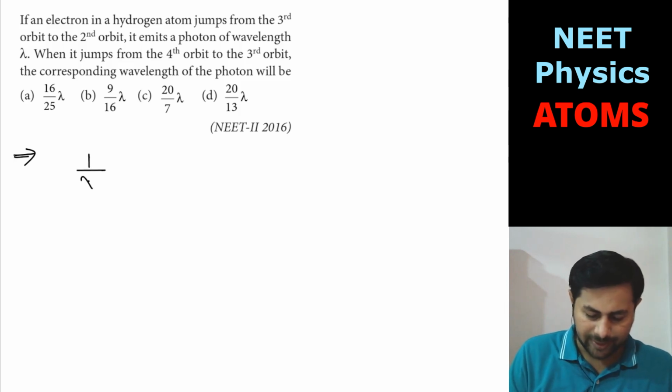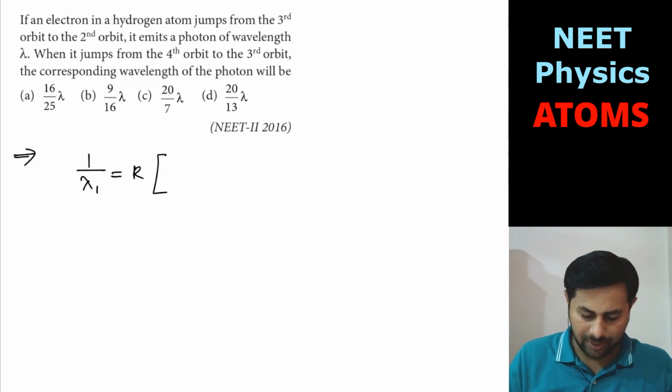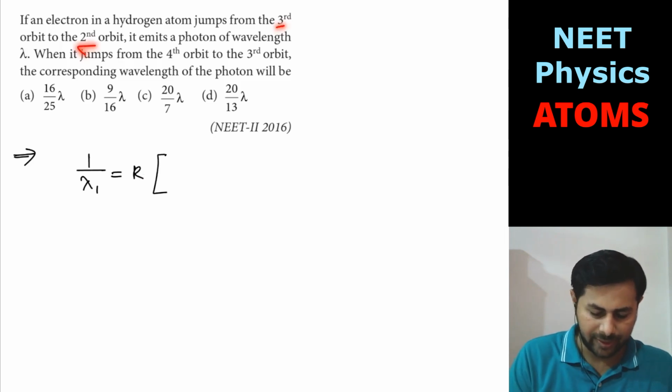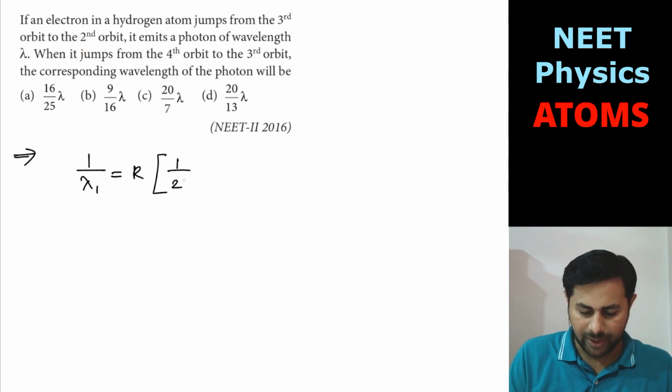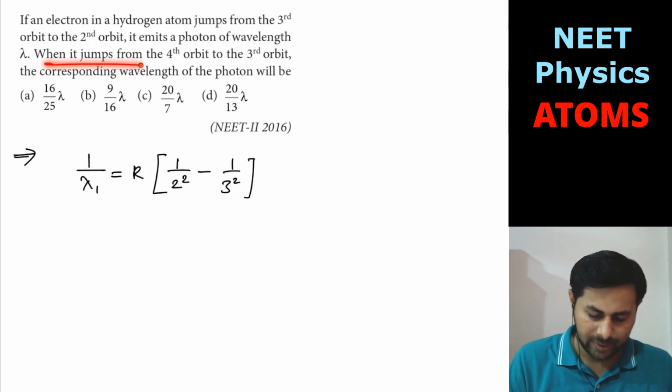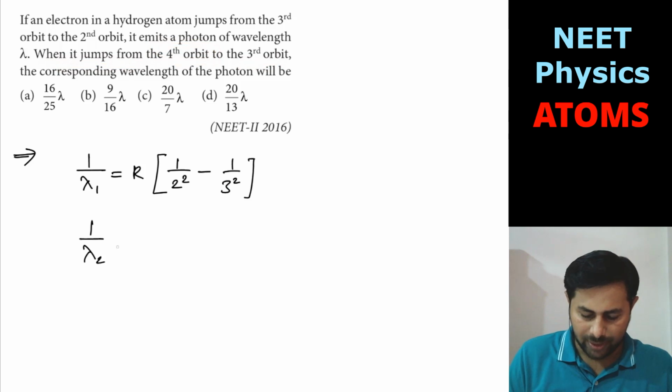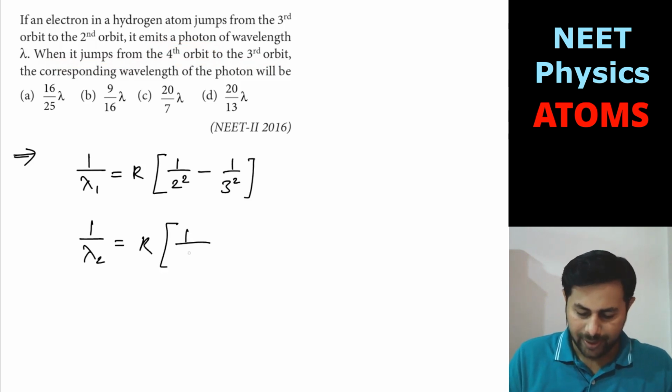In the first case, 1 by lambda 1 is equal to R times, the electron is jumping from third to second, right? So 1 by 2 square minus 1 by 3 square. Then it jumps from fourth to third: 1 by lambda 2 is equal to R times 1 by 3 square minus 1 by 4 square.